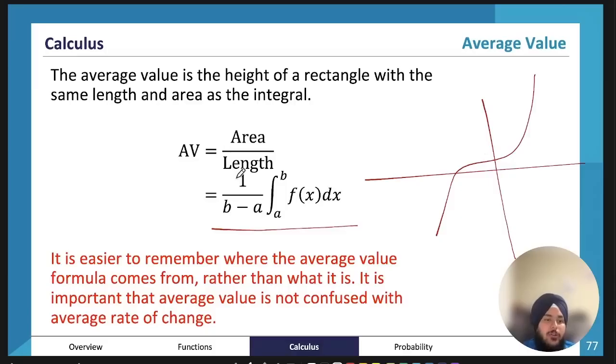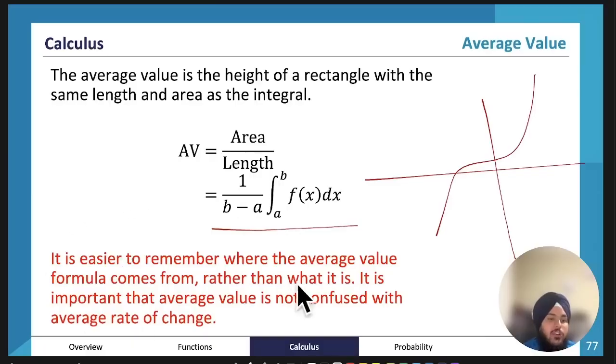And the formula as it goes is 1 over b minus a, integral a to b. So whatever region you're trying to determine the average for, b is the highest value and a is the lowest value. Then the lower limit to the upper limit, f of x. Pretty straightforward, just subbing in the formula and you should get the exact value.